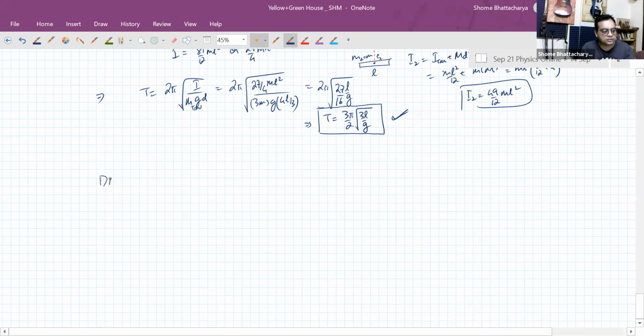One is damped oscillation, which is actually part of your JEE Mains syllabus only, not part of the JEE Advanced syllabus. And the other is combination of SHMs.